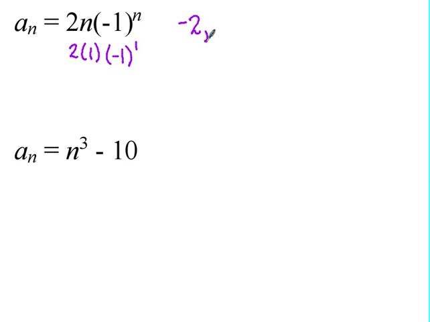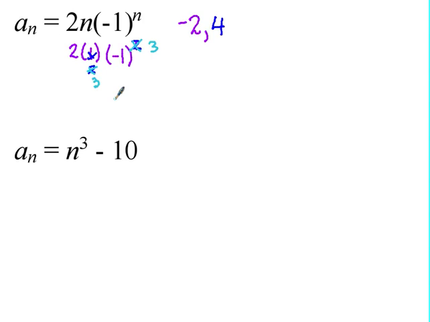Negative 2. So now you're going to do the exact same thing, except in place of 1, you're now going to put in 2. So you have negative 1 squared, which is 1, times 2 times 2, which is 4. Then you're going to do the same thing, replacing this with 3.